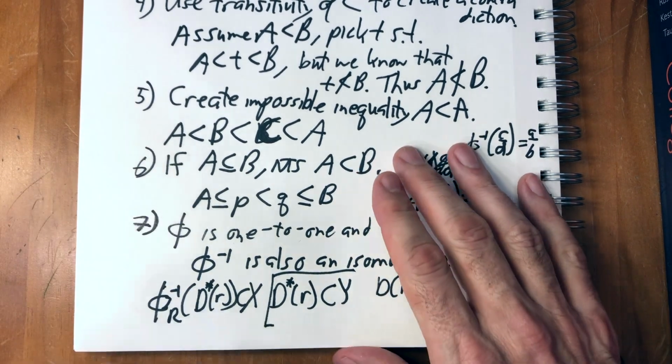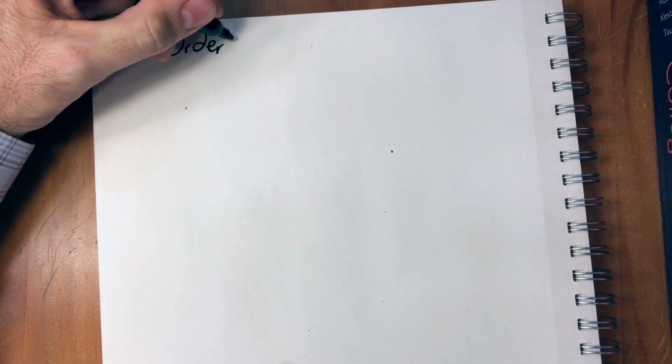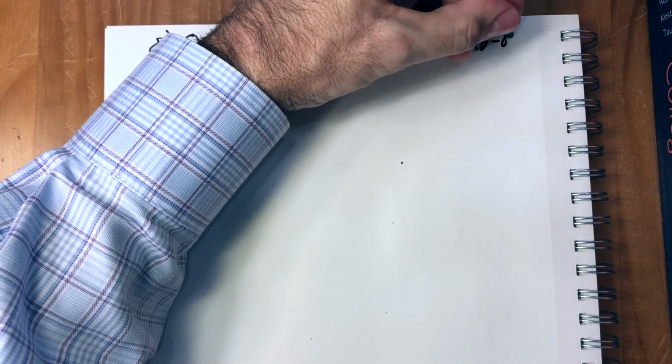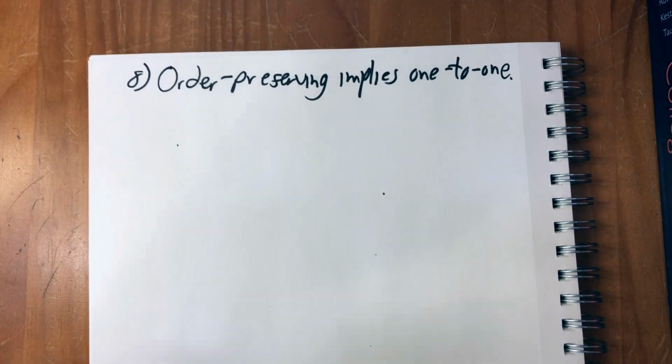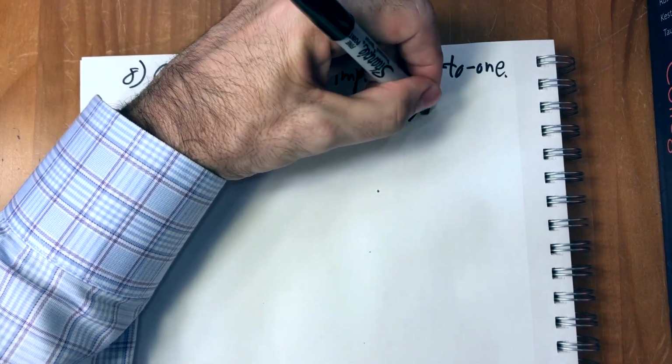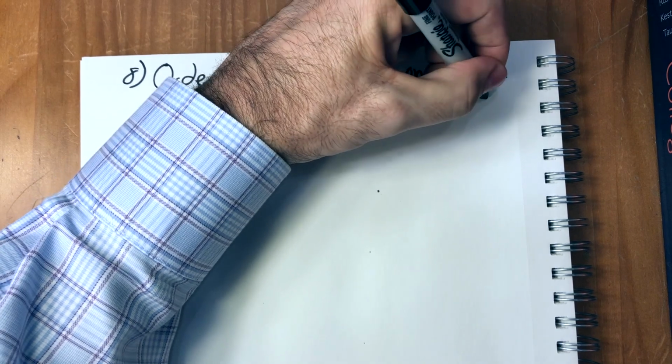Okay, and there's one more. I ran out of room, so I have one more observation to show us. And that is an interesting one: order preserving implies 1-to-1. This is interesting because the way we've been proving 1-to-1 is if f of x equals f of y, that implies that x equals y.